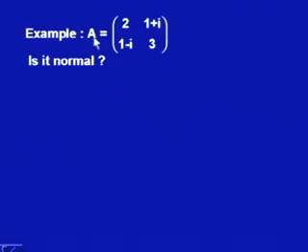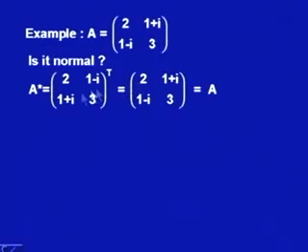So, let us elaborate this with this example A, where I have a matrix of 2 by 2 order. Here some of the elements are complex. We have to check whether it is normal or not. So, for this purpose I have to first constitute A star.